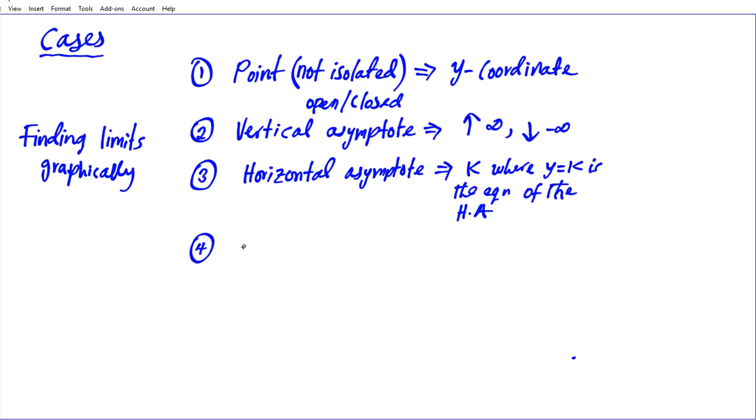And then lastly, you could be increasing or decreasing. In this case, it's just like the vertical asymptote. If you're increasing, your limit is going to be infinity, and if you're decreasing, your limit is going to be negative infinity.